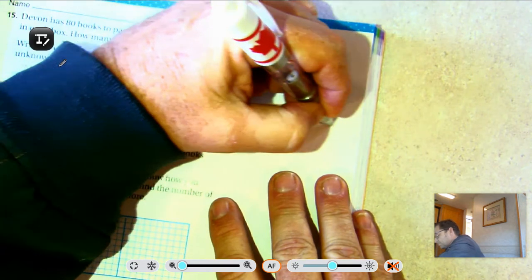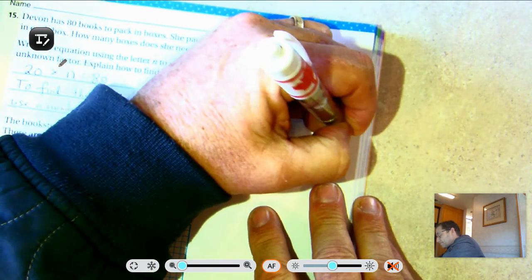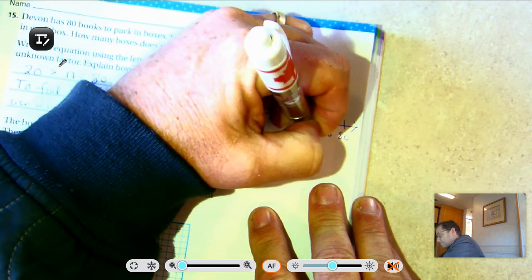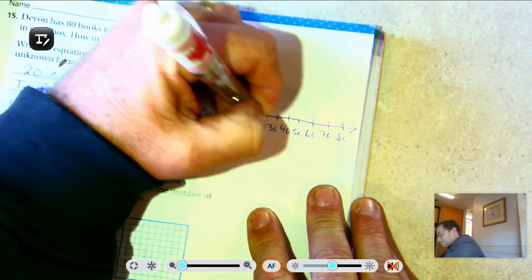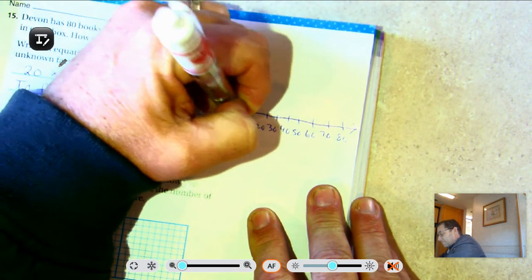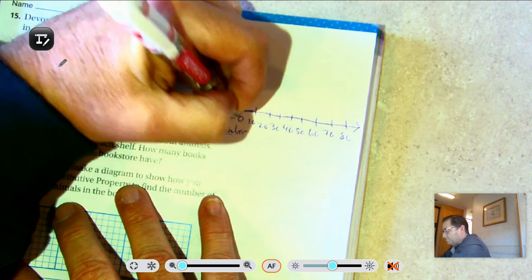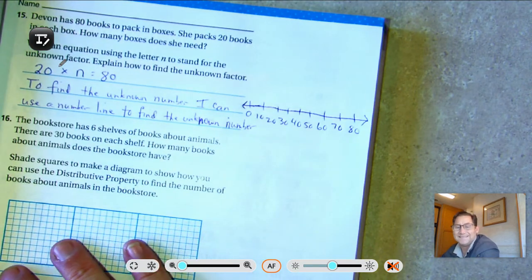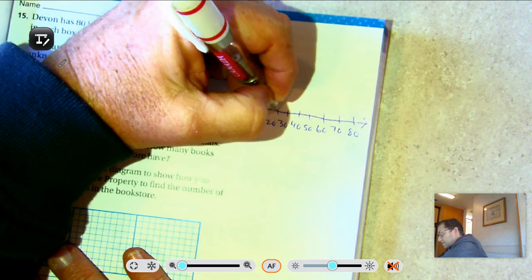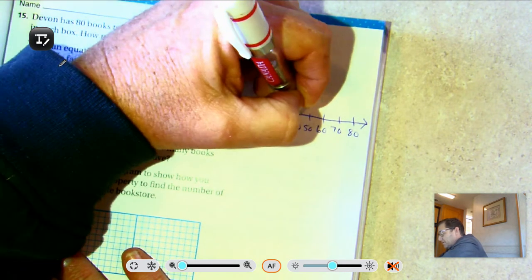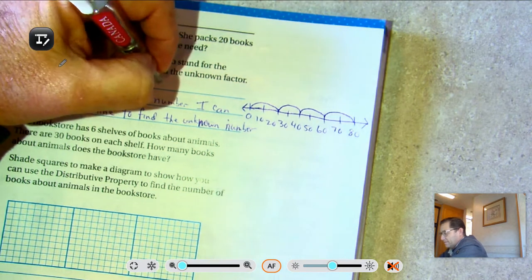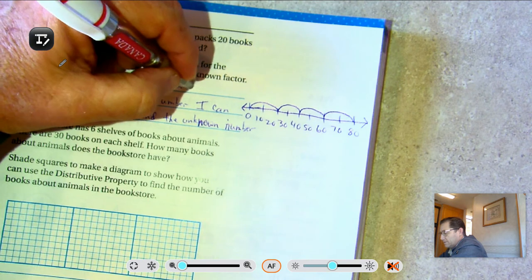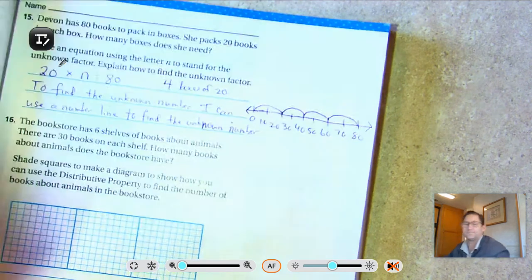All right, so let's go ahead and do that. We're at 0, and we're going to have jumps of 20. There's one jump of 20, 2 jumps, 3 jumps, 4 jumps, 4 boxes of 20.